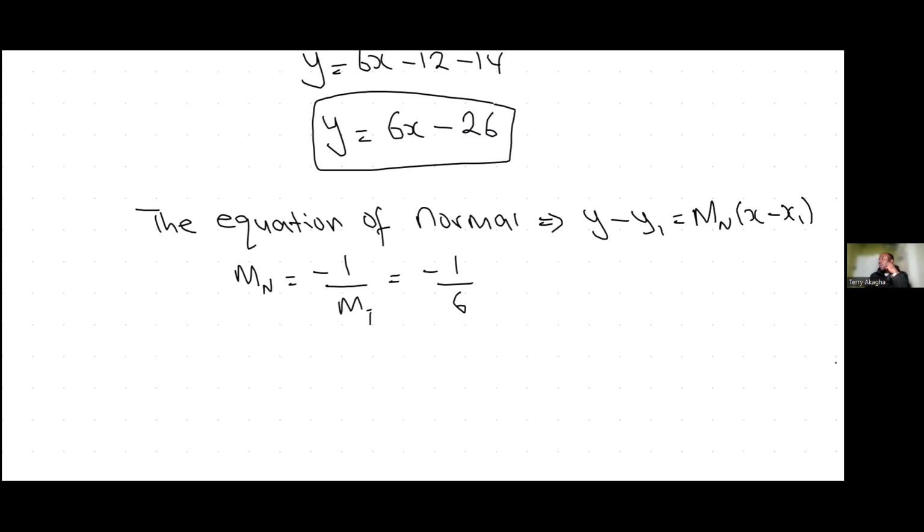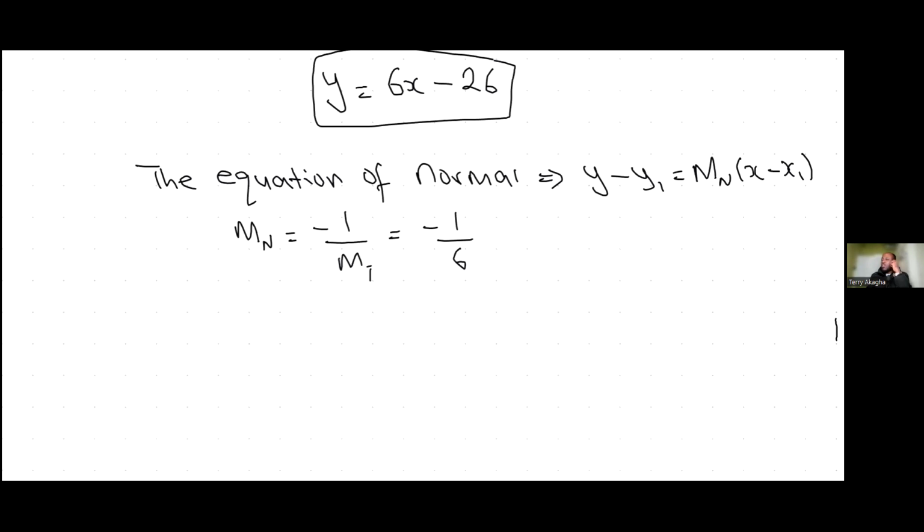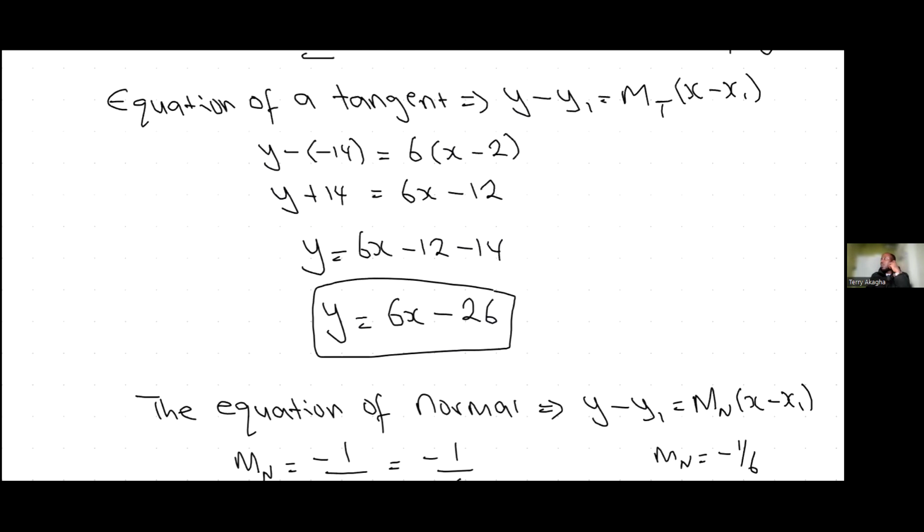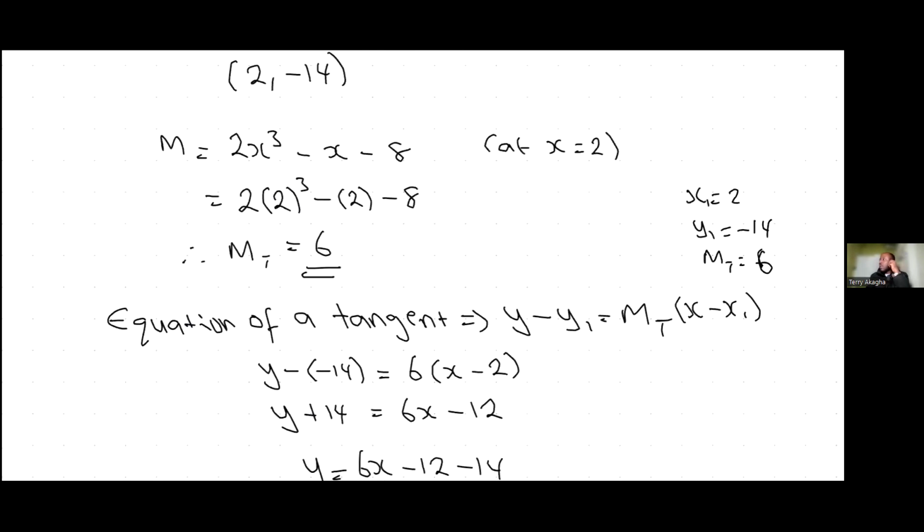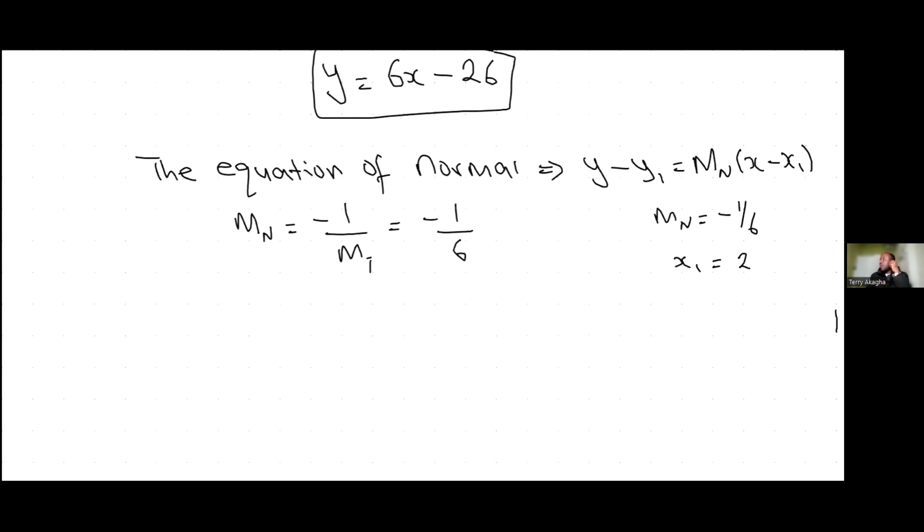So now what do you do next? We're going to use the same thing. We know that our mn is equal to minus 1 over 6. We know that our x1 was equal to 2, and I believe the y1 was minus 14, right? Y1 equal to minus 14.